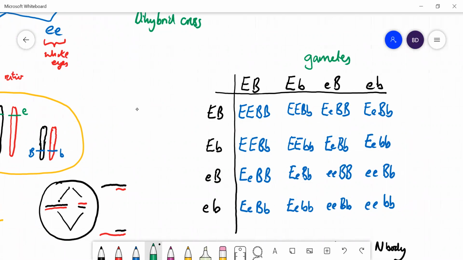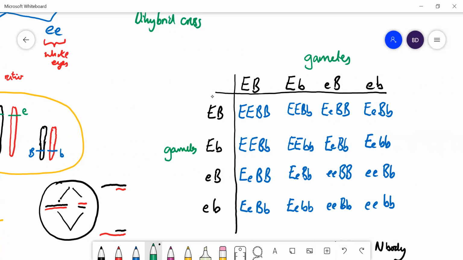And here are the gametes that the male can produce. Let's just take that one and that one, for example. The genotype would be small e, big B, big B. So that individual would have white eyes, but a normal body color. Now let's see what happens for the whole thing.